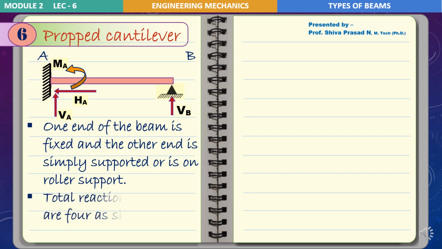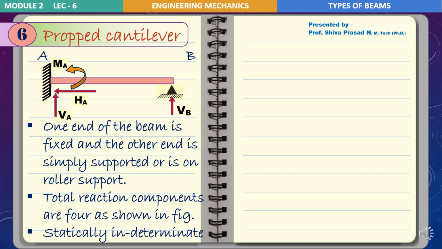So the total number of reaction components are 4 as shown in the figure: 3 at the fixed end A and 1 at the simple support end, VB. Because there are 4 unknowns, we can call this propped cantilever a statically indeterminate beam.